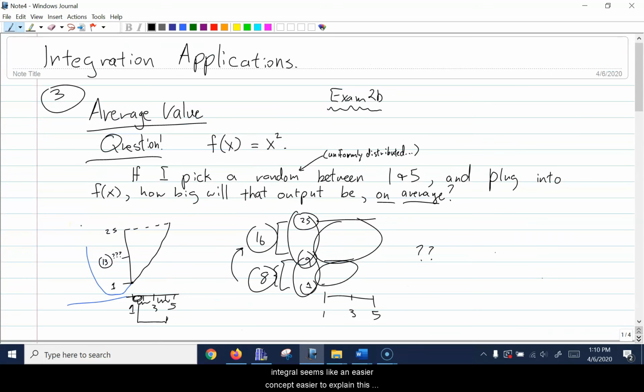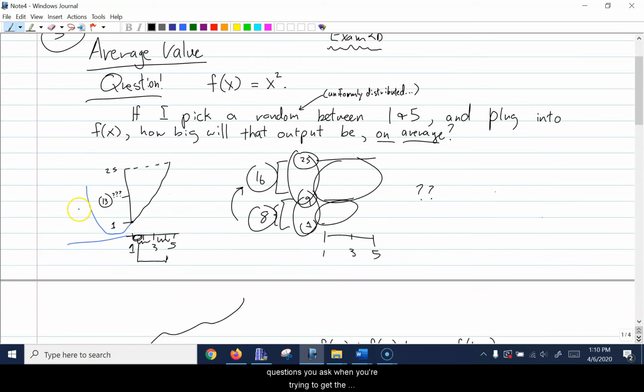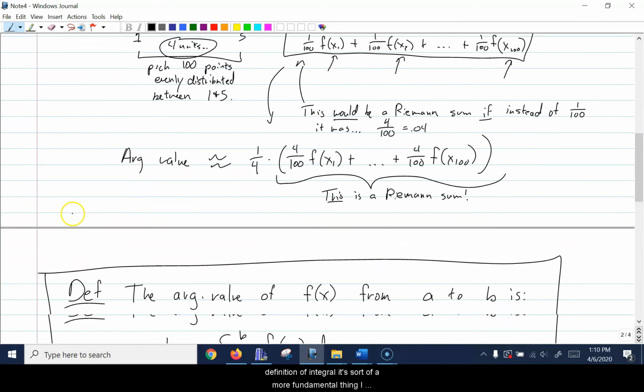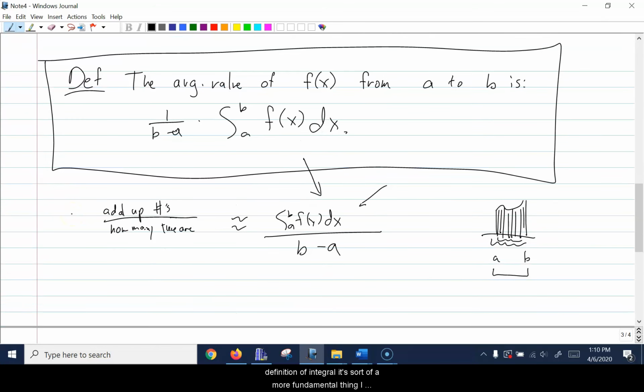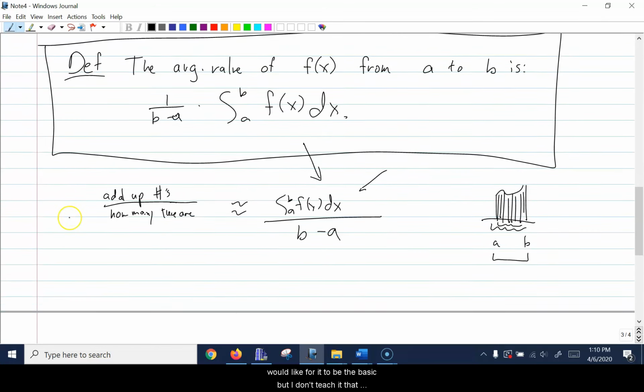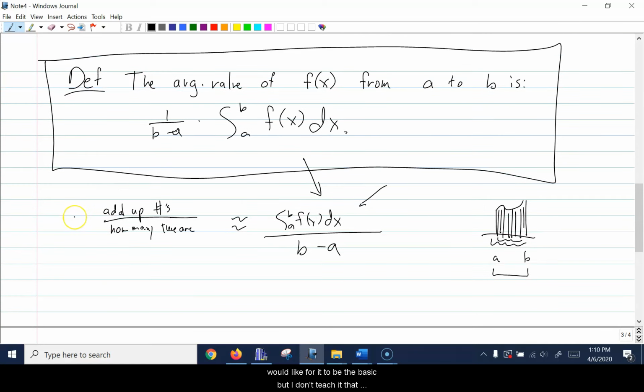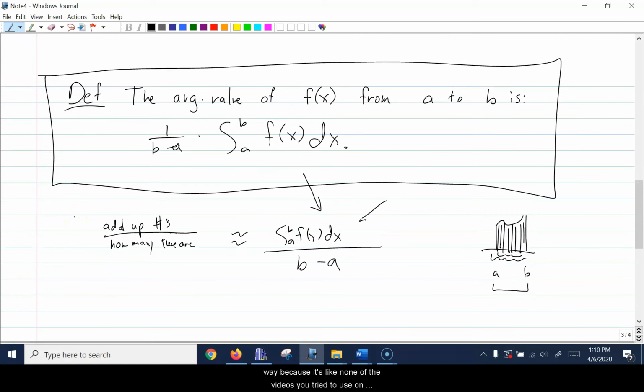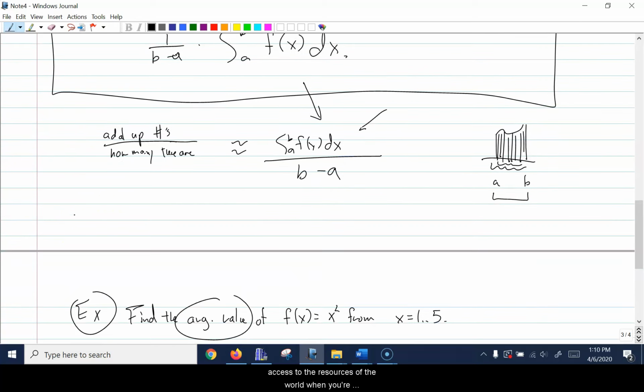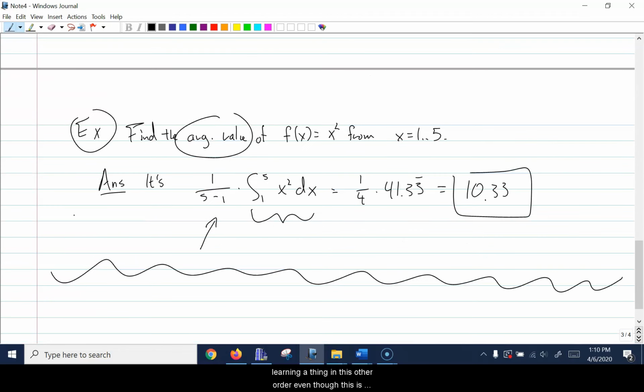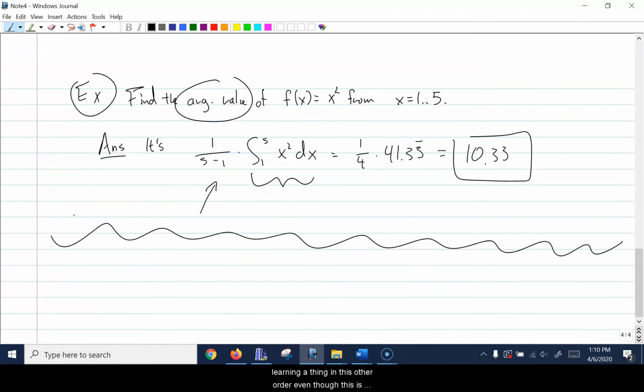This question of what will you get on average is easier than the questions you ask when you're trying to get the definition of integral. It's sort of a more fundamental thing. I would like for it to be the basic, but I don't teach it that way because none of the videos you tried to use on YouTube would make any sense. And it's good to have access to the resources of the world when you're learning a thing. So we do them in this other order, even though this is maybe the more useful idea.